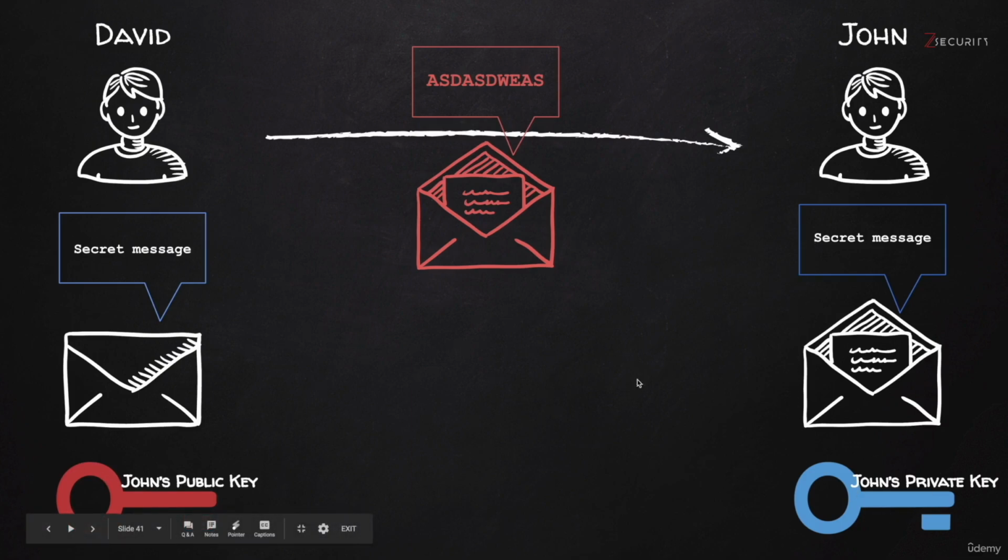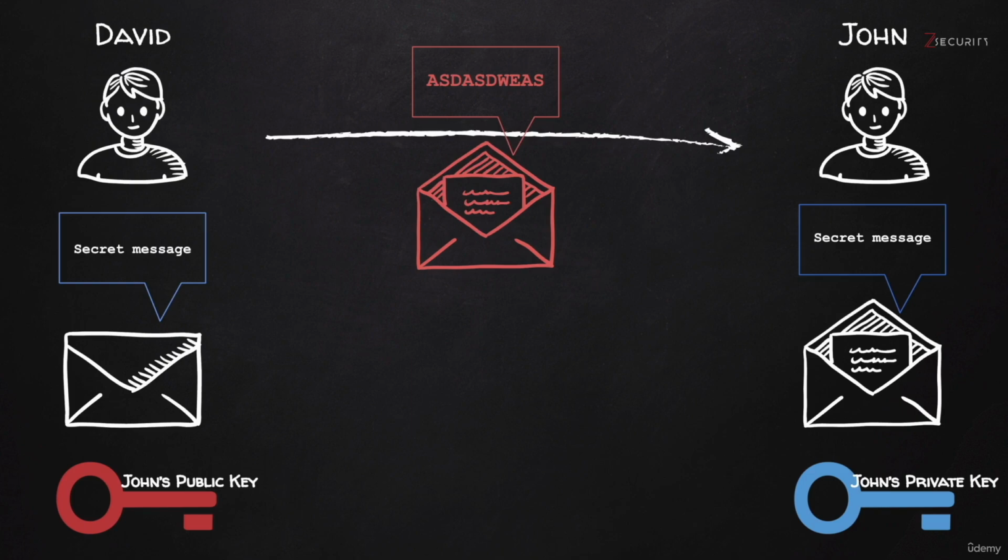Therefore, now David can always send messages to John and John will always be able to decrypt them using his own private key. Not only that, but when David encrypts something with John's public key, he can rest assured that nobody can decrypt this message except for John, because John is the only one that has the private key, and his private key should never be shared if John knows what he's doing, because there is no point in sharing it.